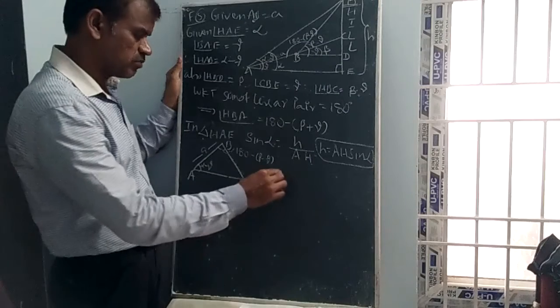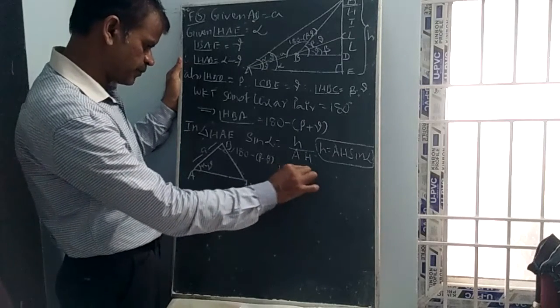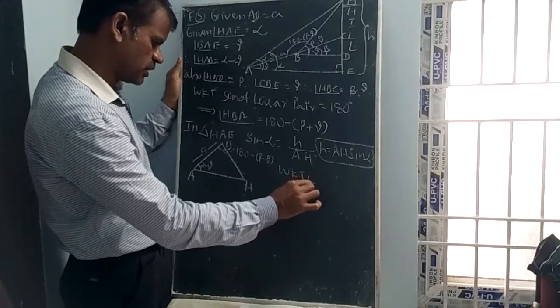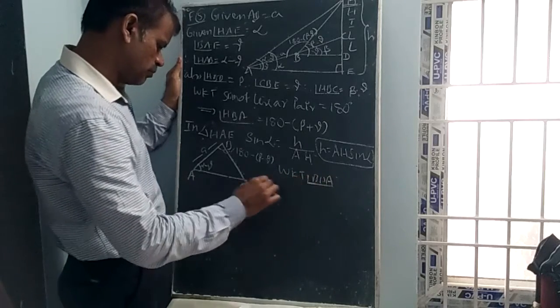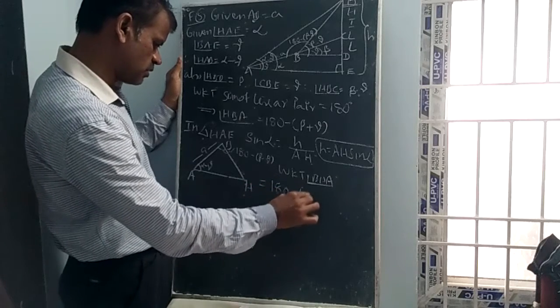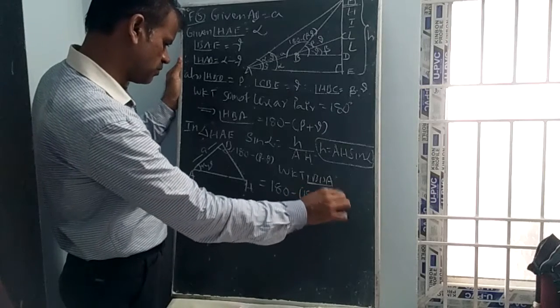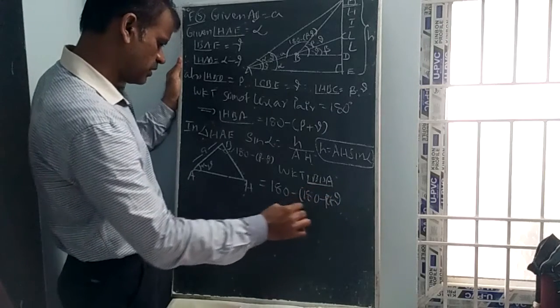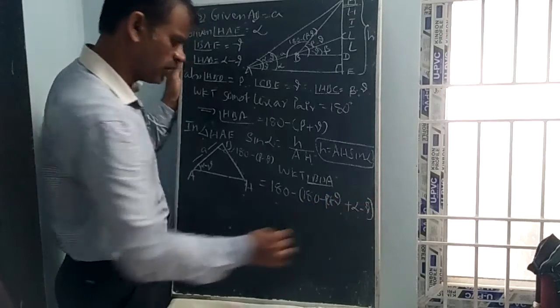Using the sum of the angles in a triangle, we know that angle H, here angle BHA, is equal to 180 minus of 180 minus beta plus gamma plus alpha minus gamma.